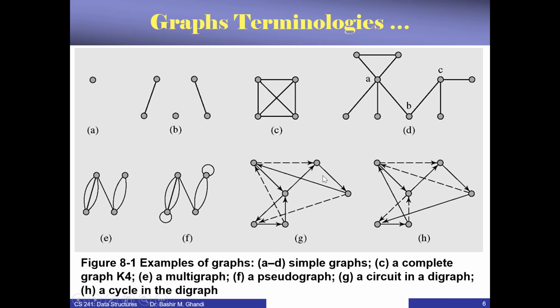Okay, this figure G is showing us an example of a circuit. Take the non-dotted lines, start from anywhere. Let's say from here. So we go here, and then we go here. Okay, then we go here, and here, and here.